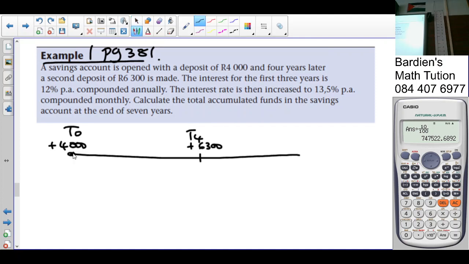When you do that, the entry is going to take it to T3. It's 12% per annum compounded annually, so it's 12%.